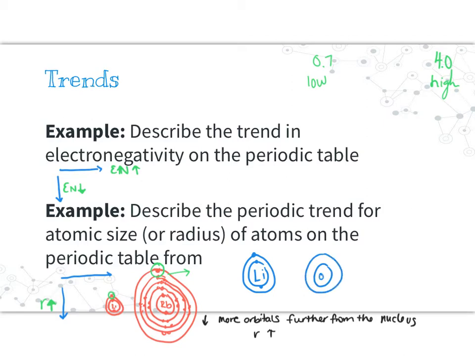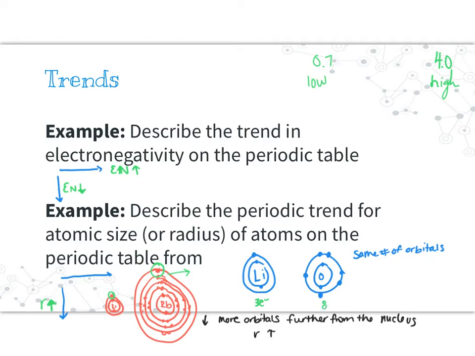Now, we know that these have the same number of orbitals or levels for electrons within the same row across. However, oxygen has more electrons than lithium does. Lithium has 3 total electrons, whereas oxygen has 8 total electrons.